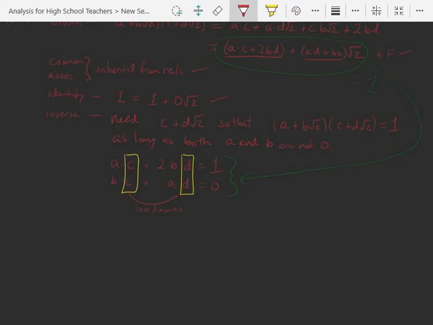I'm going to use Cramer's rule because that's kind of the easiest one in this situation instead of doing a lot of algebra. So by Cramer's rule, the determinant of my coefficient matrix, a, 2b, b, a, is equal to a squared minus 2b squared.